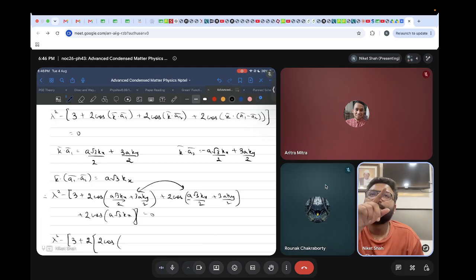So sin a minus sin b is 2 sin cos, but here cos a plus cos b has both cosines, right? Yeah, so 2 cos a plus b by 2, which is 3a ky by 2 cos.